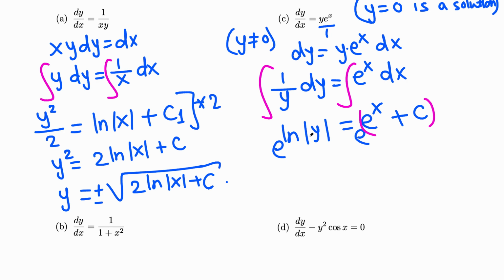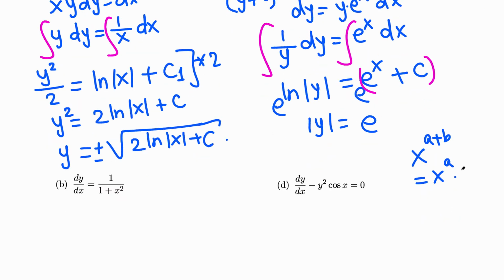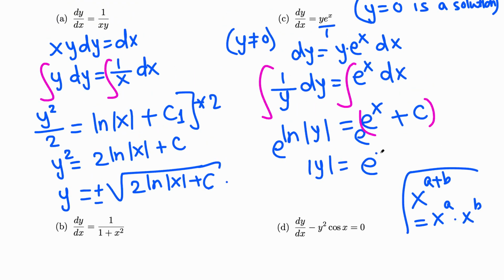Then e and natural log cancel, and we get absolute y equals e raised to the whole thing. If you want to separate, when you have x raised to a plus b, that is x raised to a times, not plus, x raised to b. Same base, we add the exponents. So here we can write e raised to e^x times e raised to c.